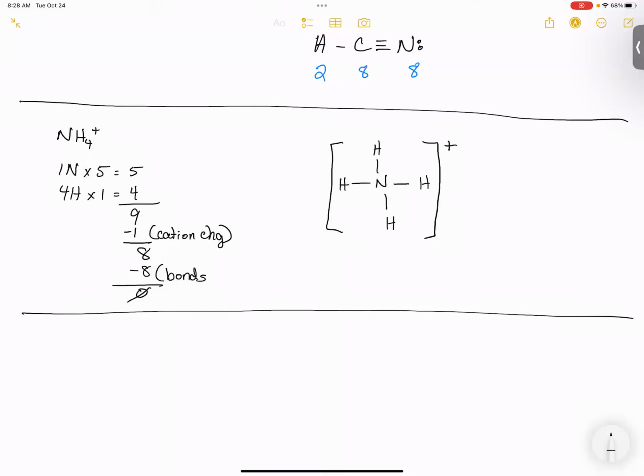Knowing quantum numbers. This comes back to quantum numbers. Knowing your quantum numbers, why can you have an expanded octet when you get to period 3?